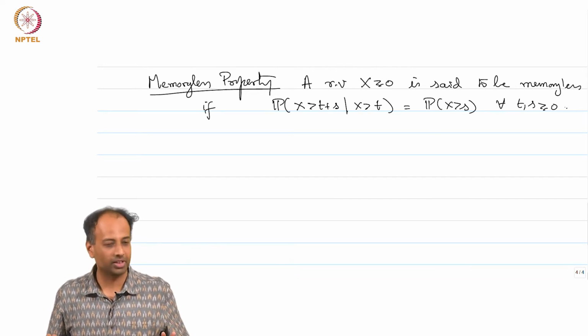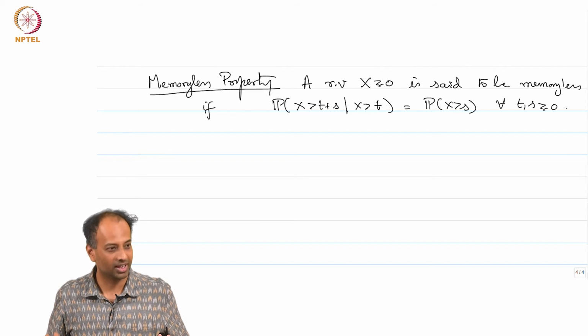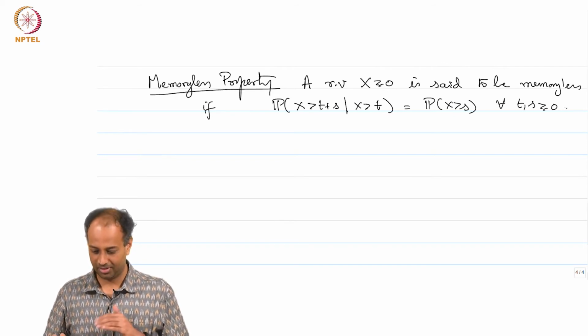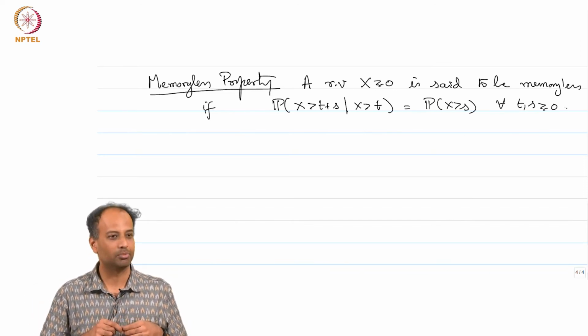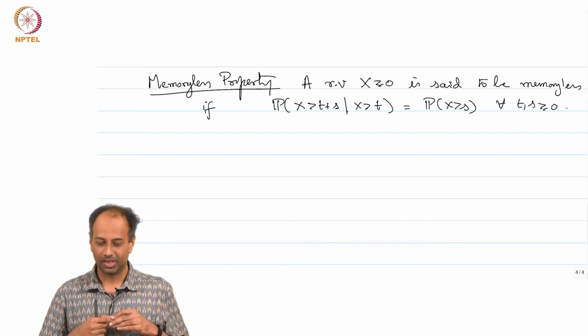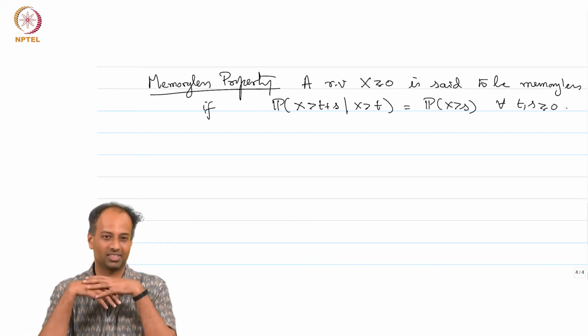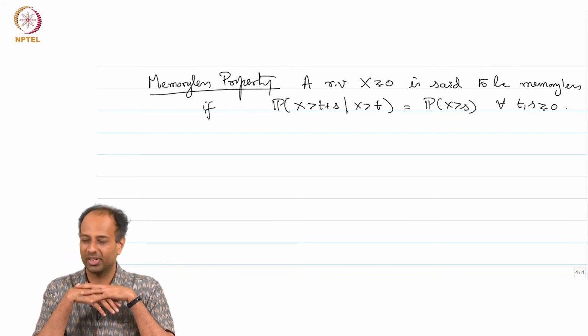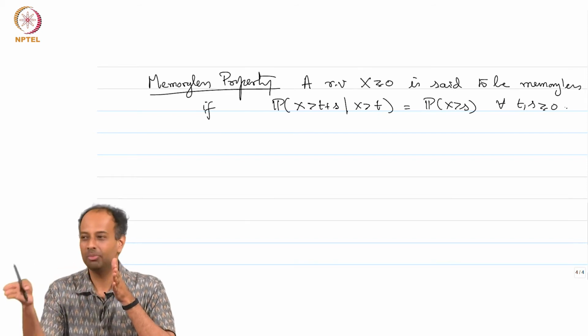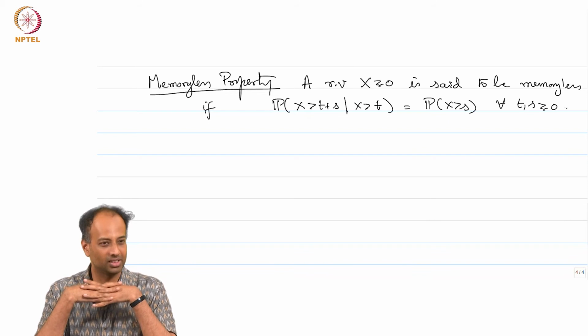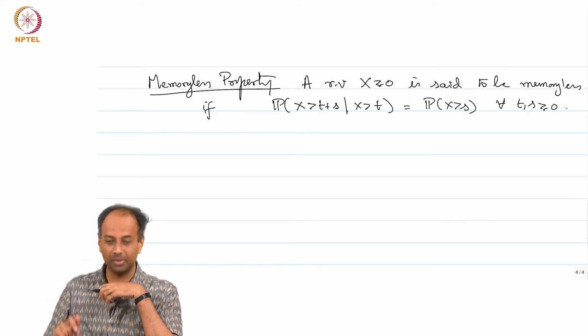The fact that you waited a very long time or a very short time does not make it any more likely or less likely for an arrival to come soon. If X could model, let us say, the lifetime of a light bulb, given that it has lasted, I do not know, 1 year, the probability it will last another month is the same as the probability that a new bulb lasts 1 month. That is what we are saying intuitively. So, this is the memoryless property.